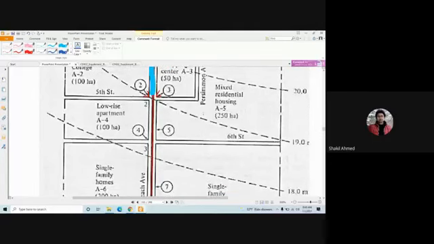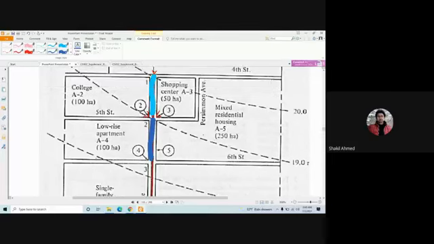Here, 2 to 3 starts. So A2 and A3 are not contributing to this pipe, because at this point this pipe has already ended.